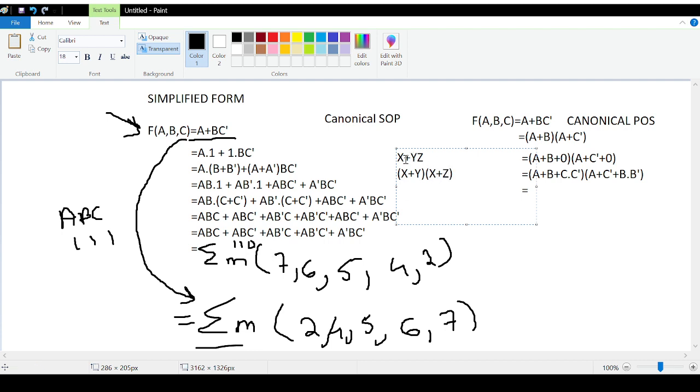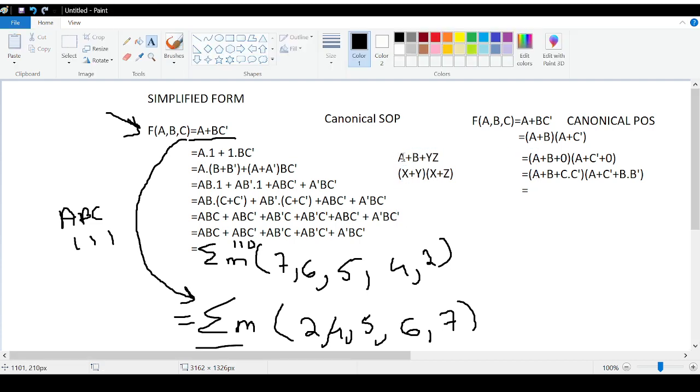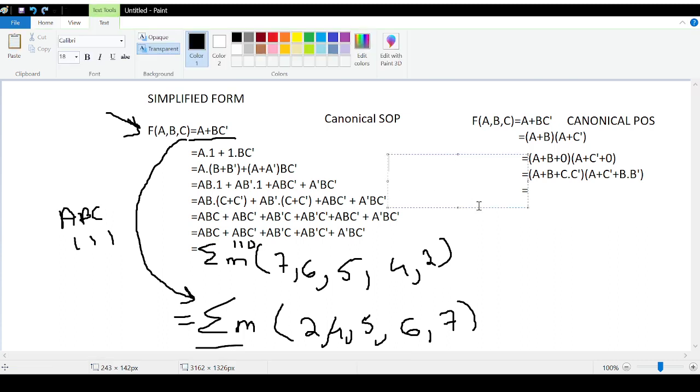Now let's say instead of x, I have a plus b here. This means this whole part was x, right? So if I distribute a plus b over yz, it's going to look like a plus b plus y into a plus b plus z.